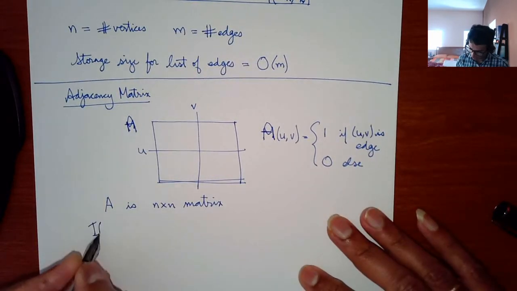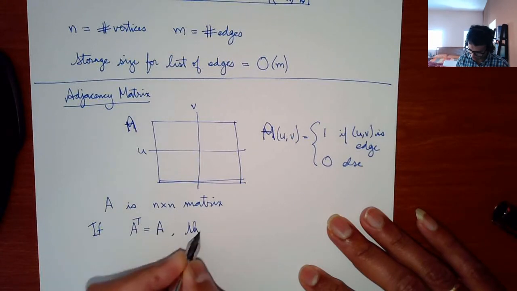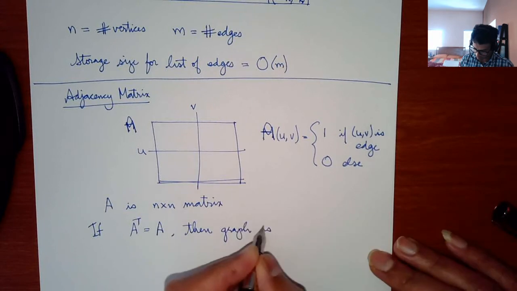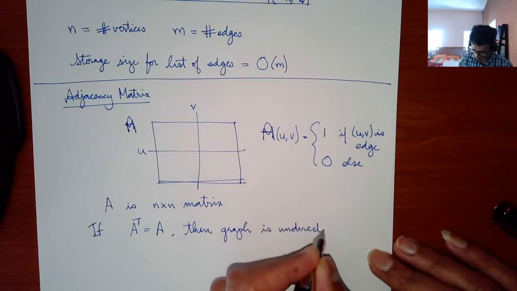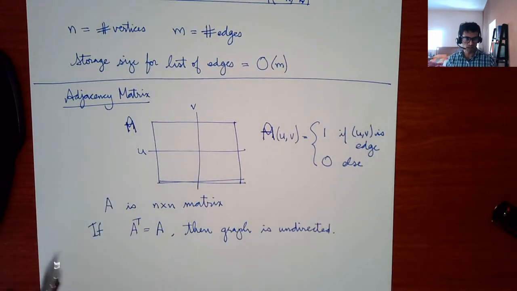And if A transpose is equal to A, then the graph is undirected. Right? Because then that would mean that A U V is the same as A V U.